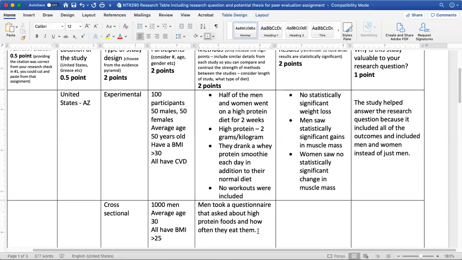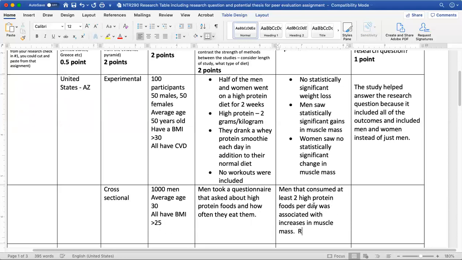They're associated with each other potentially. So let's say that men that consumed at least 2 high protein foods per day was associated with increases in muscle mass.